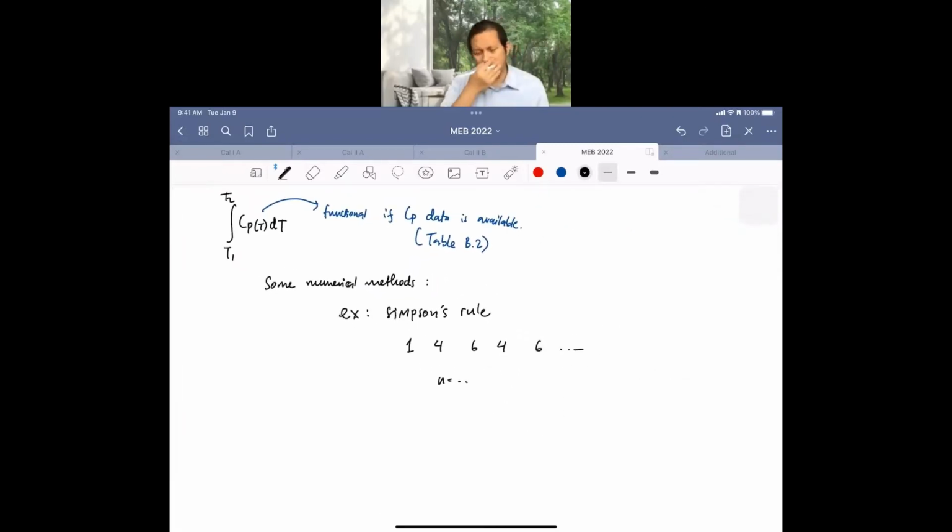But this is a valid approach if the Cp data is not available. Anyway, that is just small notes for the heat capacity calculation.